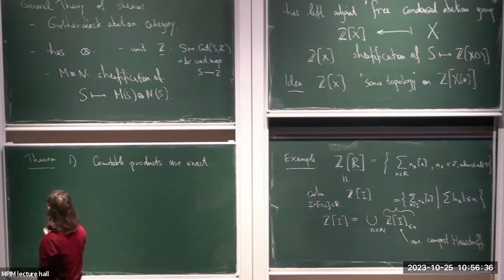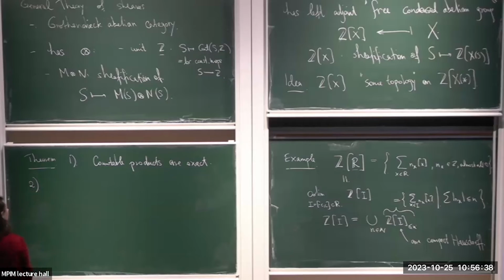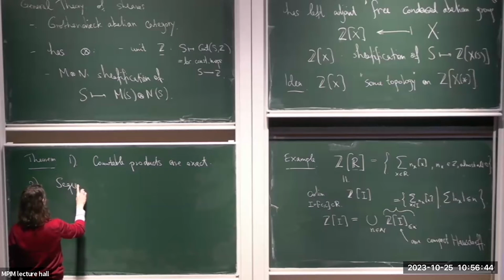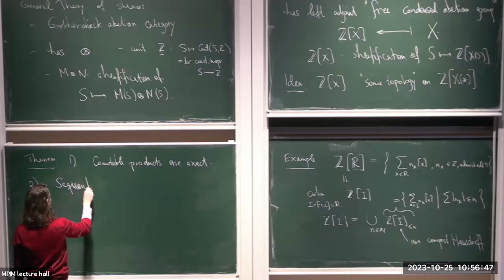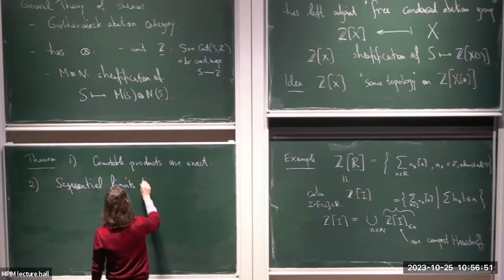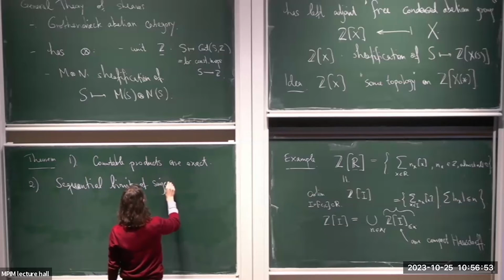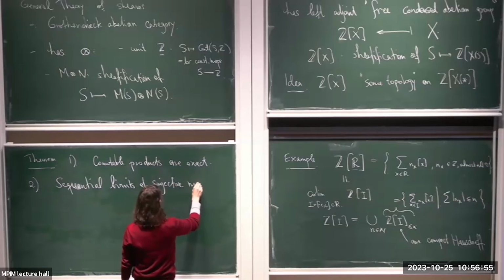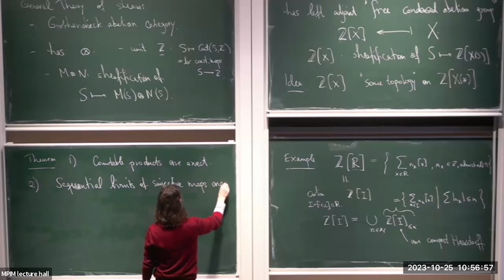Now, this might seem like an operation you're maybe not so often doing, but something you are certainly very often doing when you do some kind of functional analysis is to take sequential limits of surjective maps. And they are still surjective.